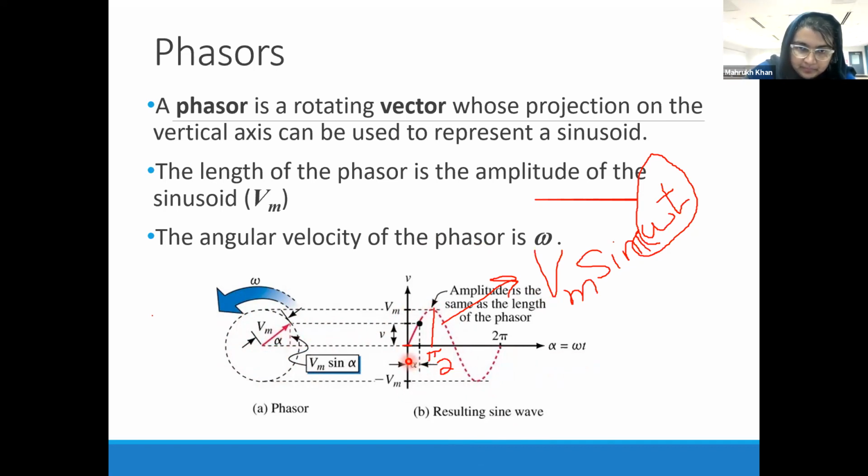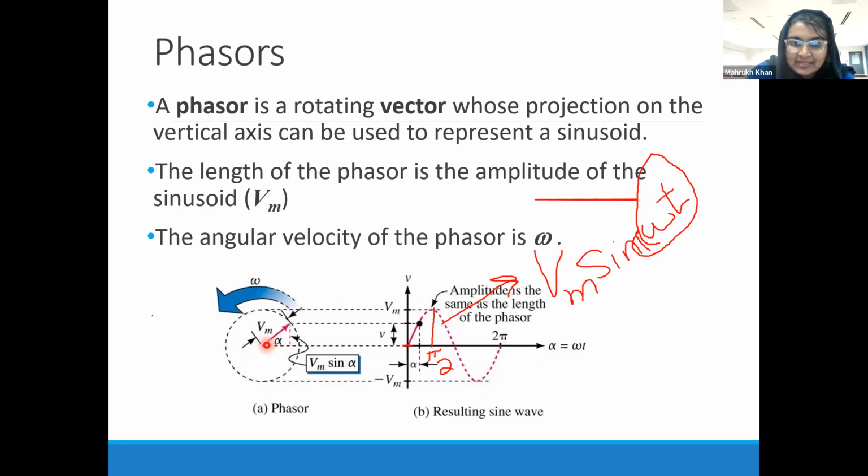If this waveform is Vm sine omega t, then as this waveform moves like this, this phasor will move in a circle. So if your alpha is 0, then this line should be at this point, in the straight direction, because your alpha will be 0.